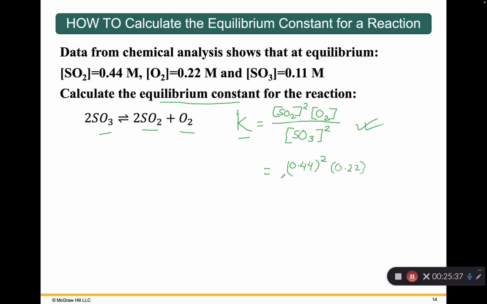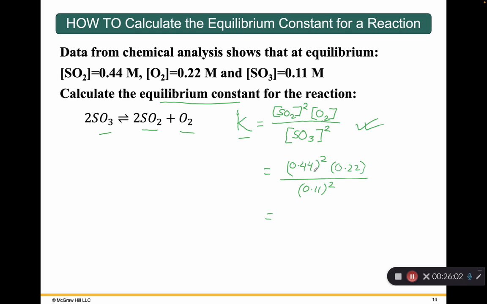I keep it as it is. Divide that by SO3, which is 0.11 raised to the power 2. Now bring your calculator and calculate this: 0.44 squared times 0.22, divided by 0.11 squared. Let me get the calculator here.